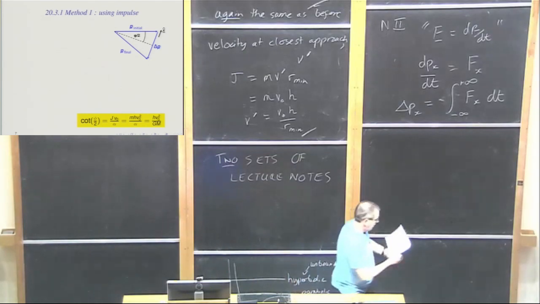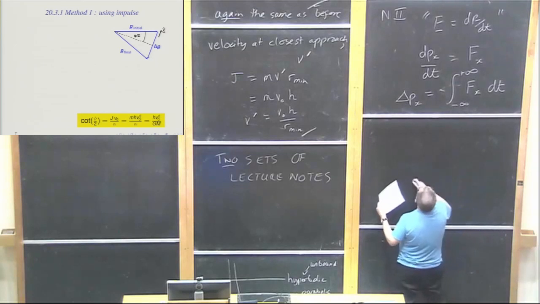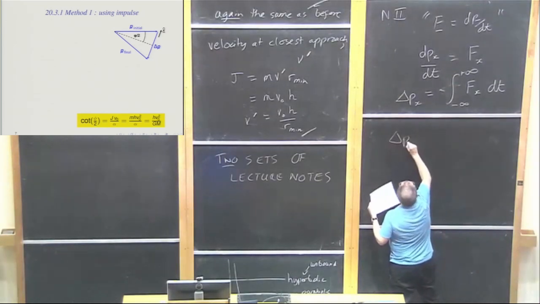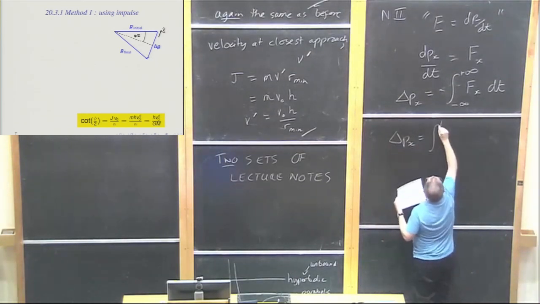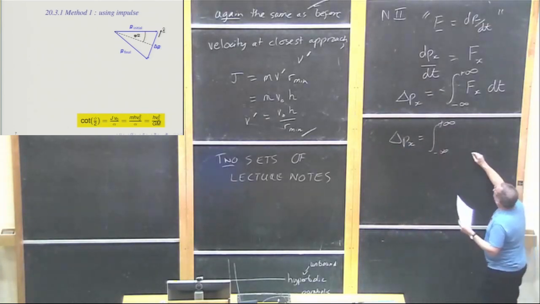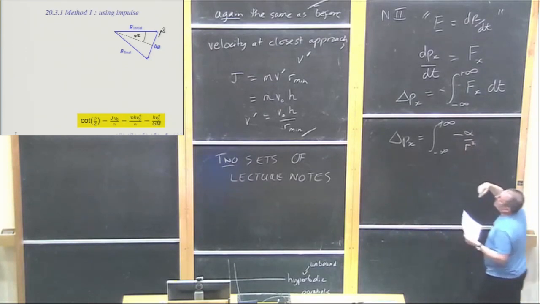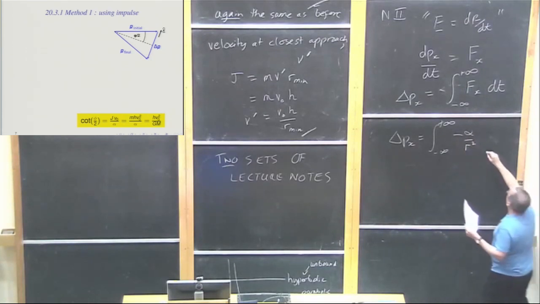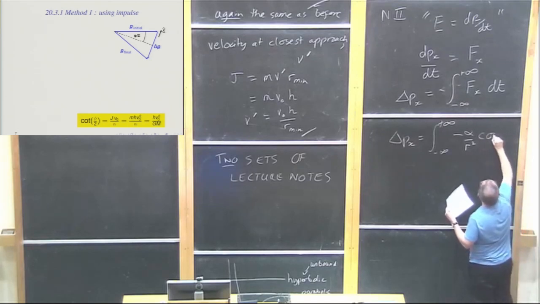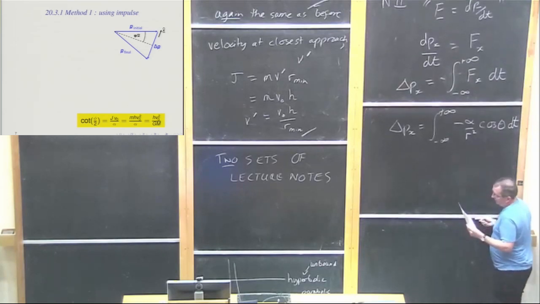So we have that delta px is equal to, just writing this again, but fx is nothing more than minus alpha over r squared. That's the gravitational attraction, but resolved along the axis, so there's a cosine theta and then dt.